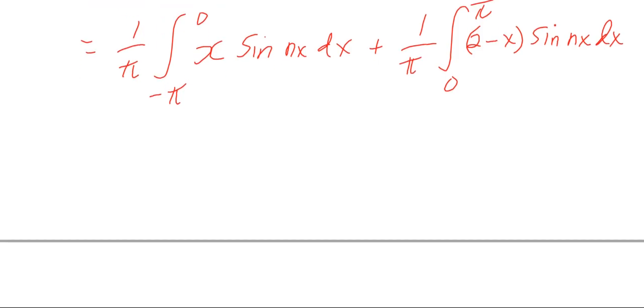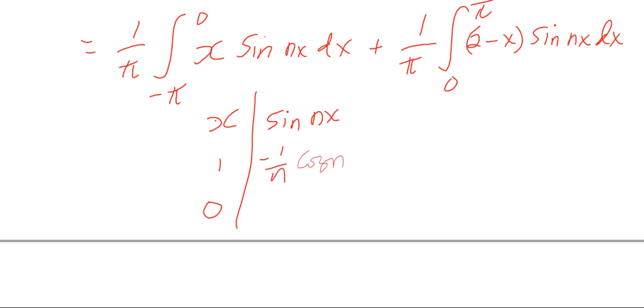So on the first one, we have x and sine of nx. We differentiate x to get 1, differentiate again to get 0. We integrate the sine, we get minus 1 over n cosine of nx. We integrate again to get 1 all over n squared sine of nx.